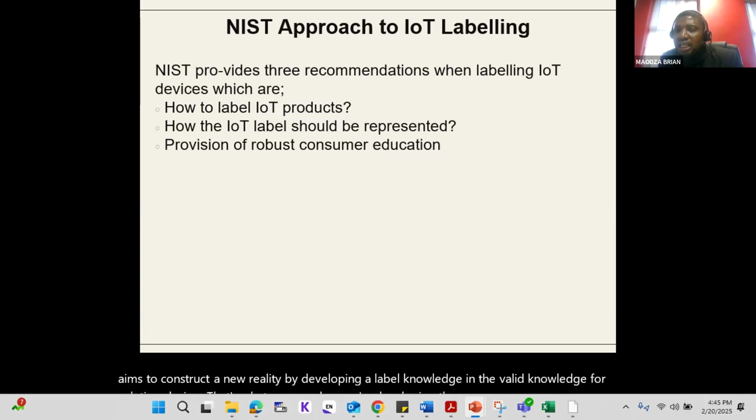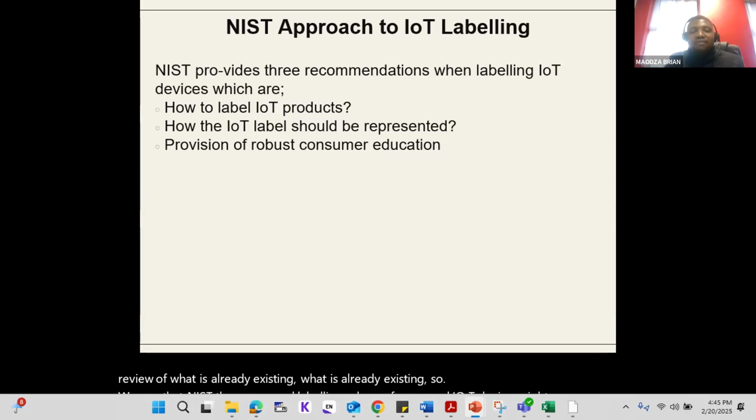So we then did a review of what already exists. We saw that NIST proposed a labeling scheme for general IoT devices, right? So we looked at what NIST is proposing, so that we use it to inform the development of our proposed labels.